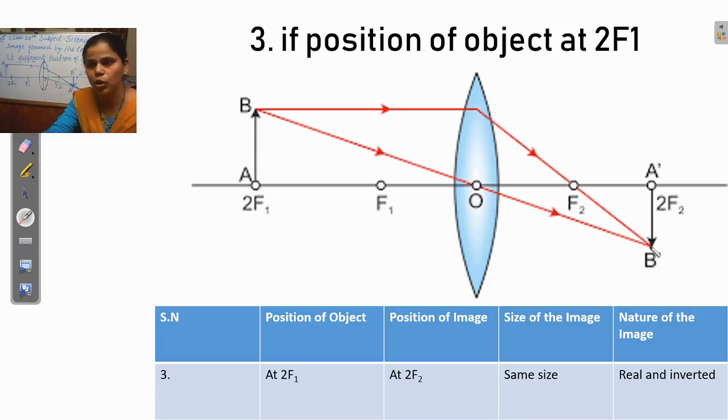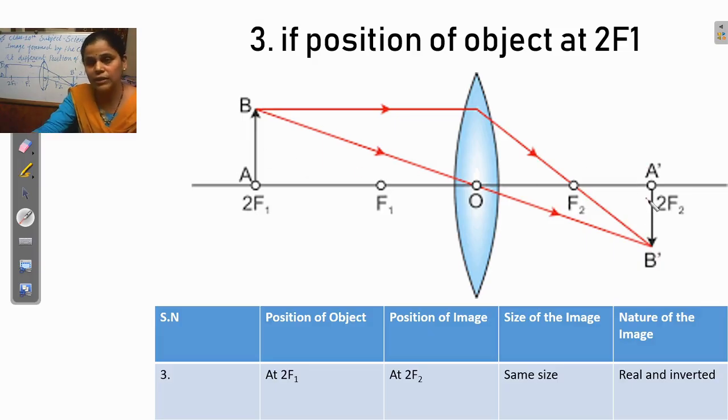The intersection point you get, name it B dash, because the head of the object is B. So the intersection point is B dash, and A dash B dash is the image of AB.